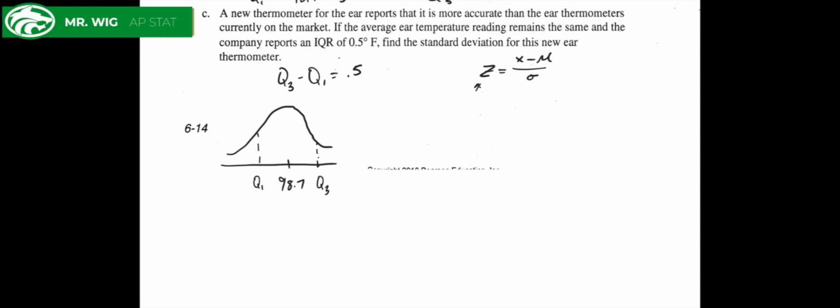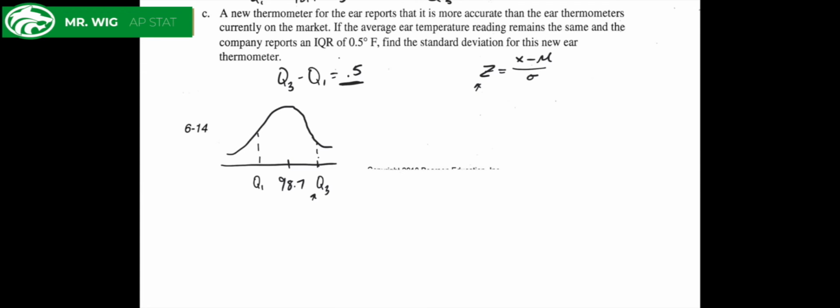Last time I did this, the z-score was really important, right? Because I can't really work all this out. Either I find out what Q3 is, then work it out in the problem up top, and solve for sigma, the standard deviation, or I do something else.